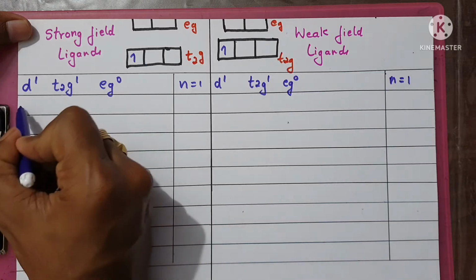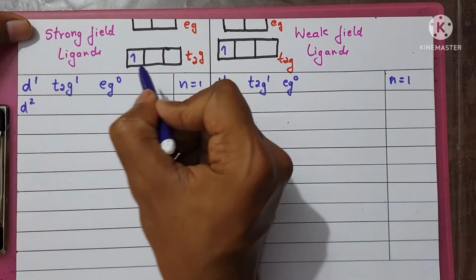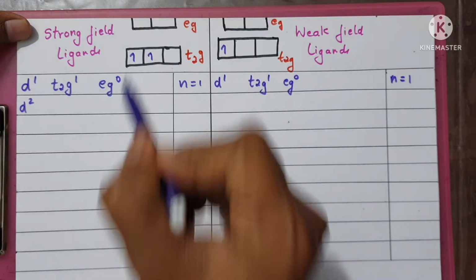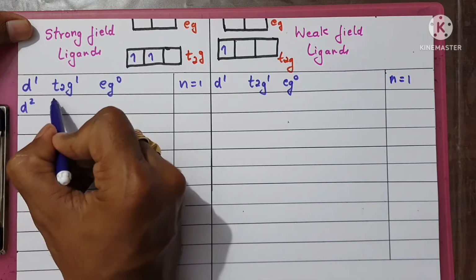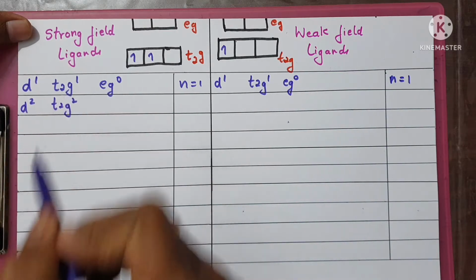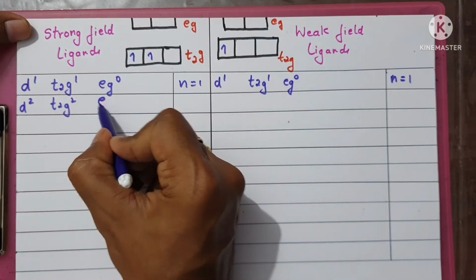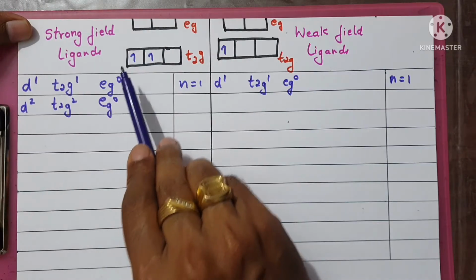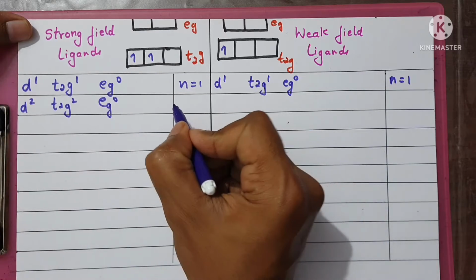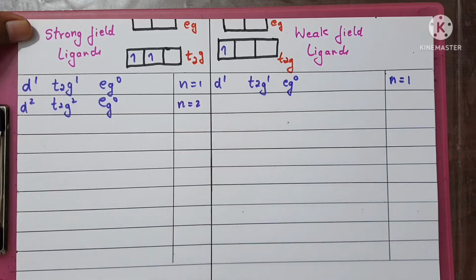Let me go for the next configuration. That is d2, 1 more electron enters the t2g set. Therefore, I'll write t2g2. And here in eg there is nothing, therefore I'll write 0. The number of unpaired electrons is 1 and 2. Therefore, n is equal to 2.